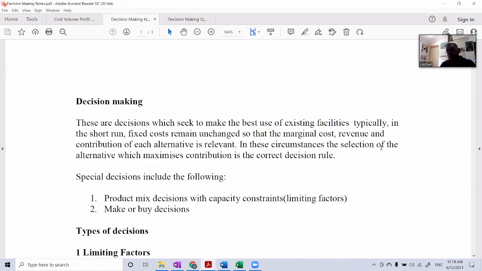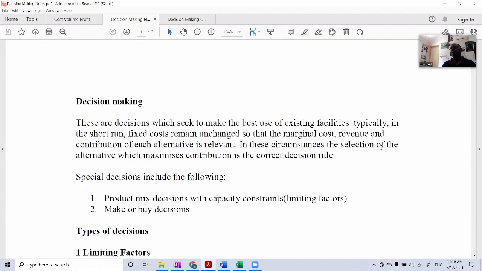So this topic of decision making, we can have single period, multi-period, things like that. But as far as year 2 costing is concerned, you will not be asked multi-product, multi-constraint questions, because that would require a linear programming solution.